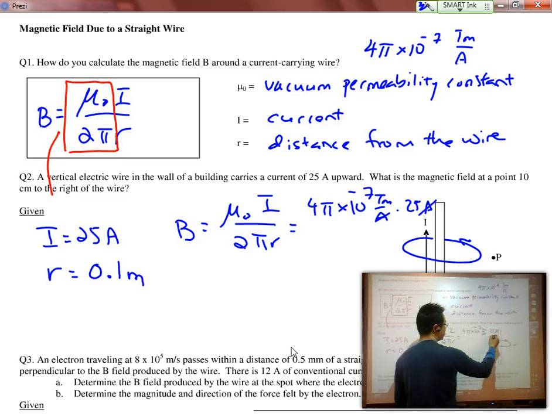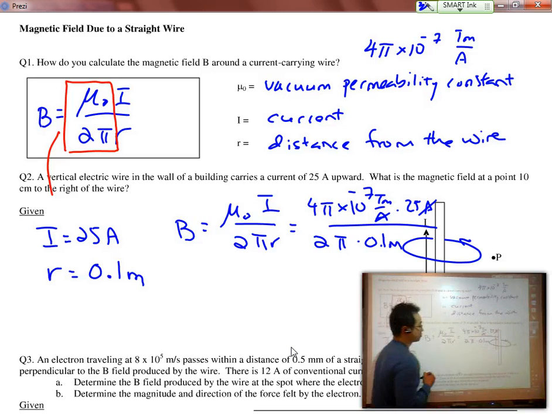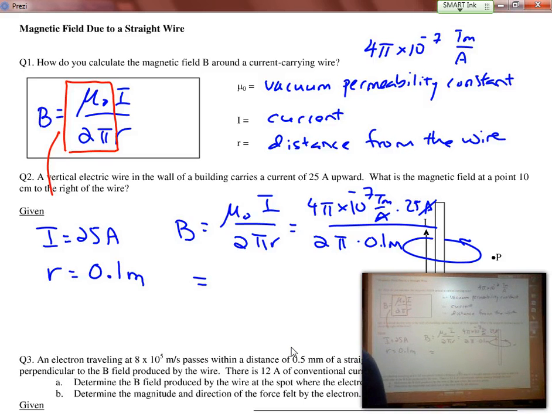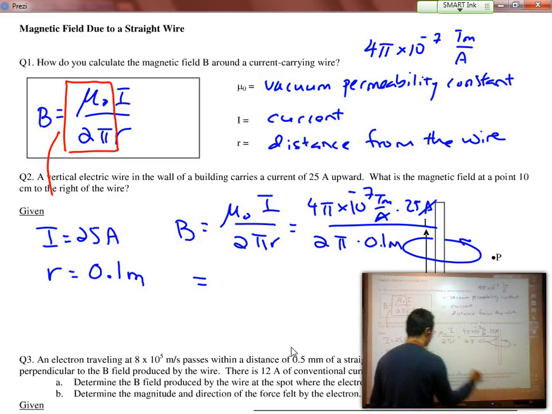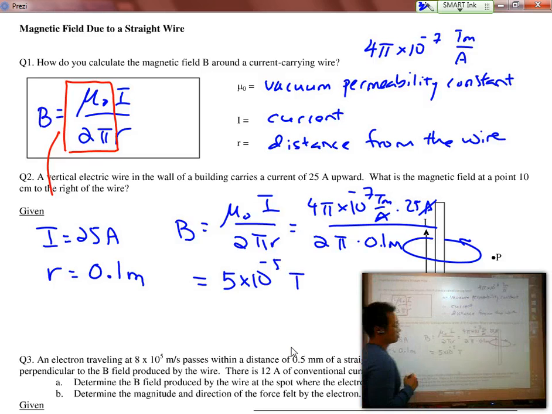Notice the amps now cross out, divided by 2 pi times 0.1 meter, which equals 5 times 10 to the negative 5th Teslas.